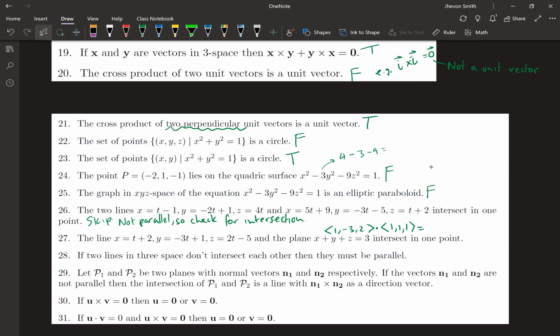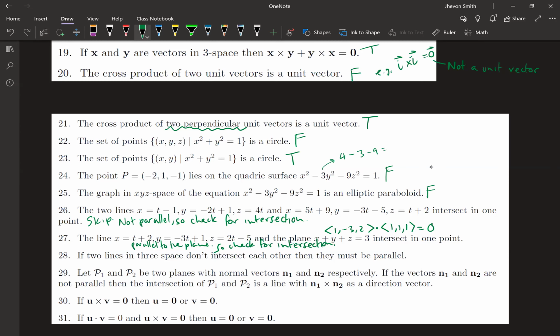This is going to be 1 minus 3 plus 2. That gives you 0, which means this is parallel to the plane. So I know it's parallel to the plane. So now you just want to check for a point of intersection.